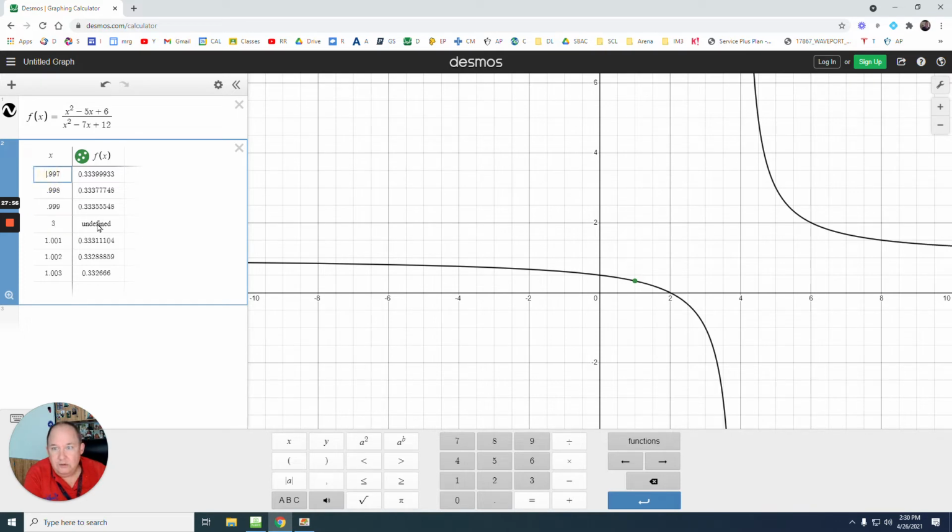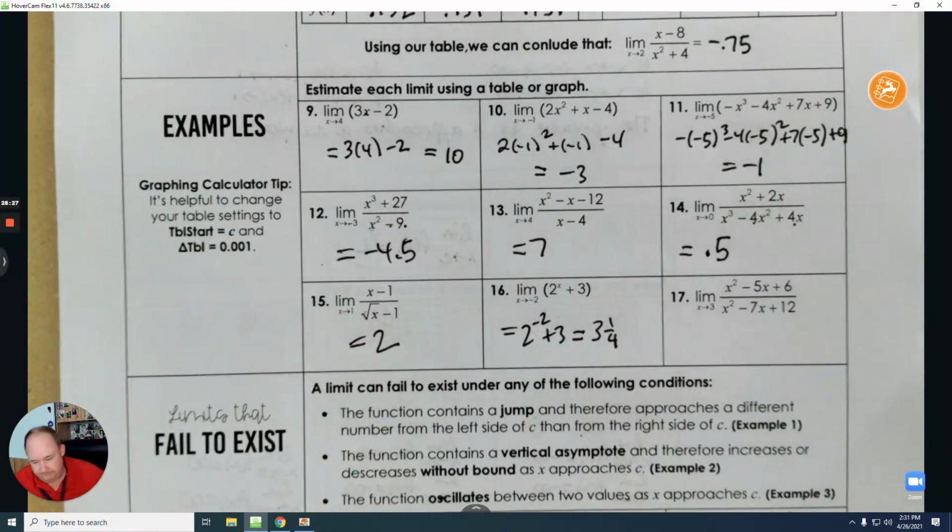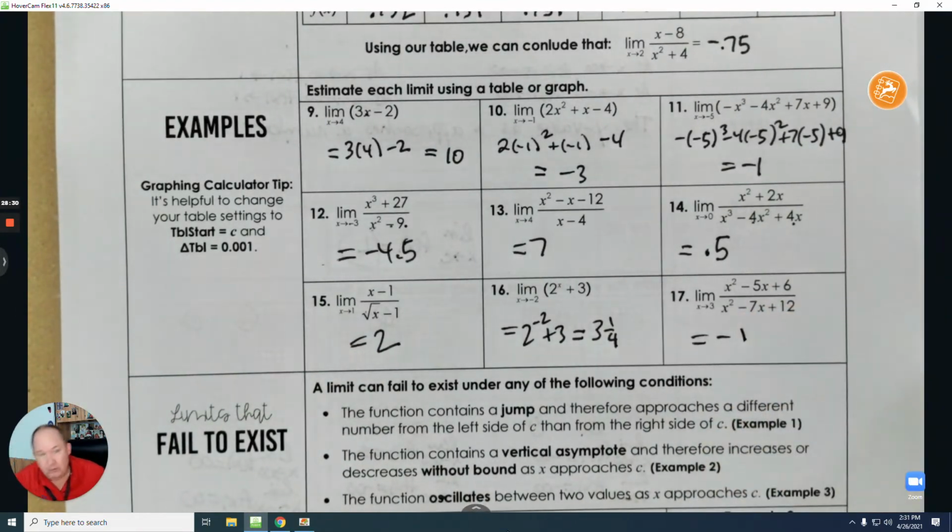So if I use 2.997, 2.998, and on this side if I say 3.001, look at the answers. Does it approach the same answer from both directions? Getting closer to 3, the answer is getting closer to -1. From the other side, the answer is also getting closer to -1. So both sides agree. As I'm getting closer to 3, the answer is getting closer to -1, and that's the limit. So the limit as x approaches 3 is -1.